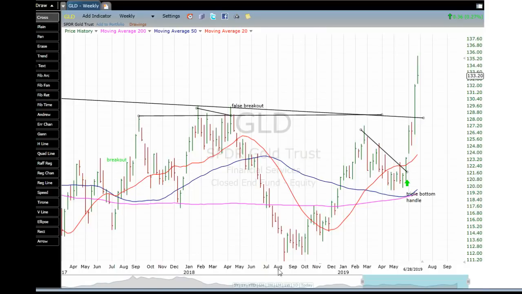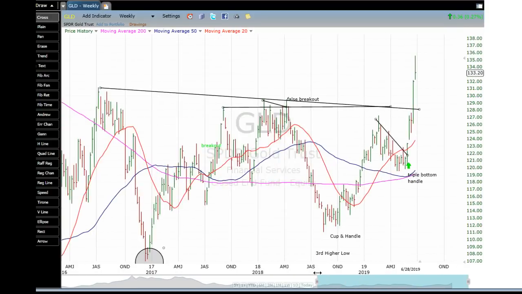We've been stalking this potential cup and handle below these multiple tops here, and the assumption was that if the handle worked, it would elicit a push above these multiple highs and a breakout. And that's certainly what we got.